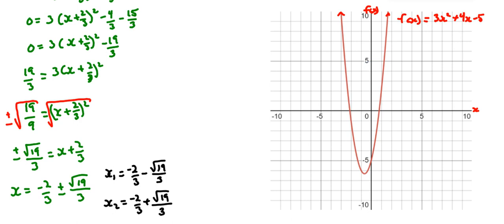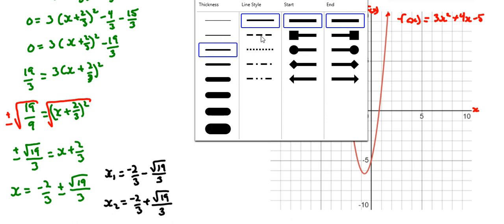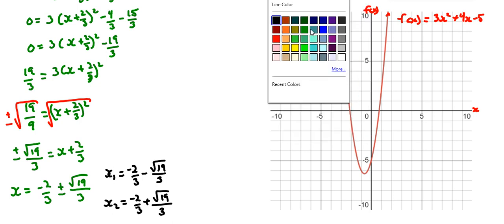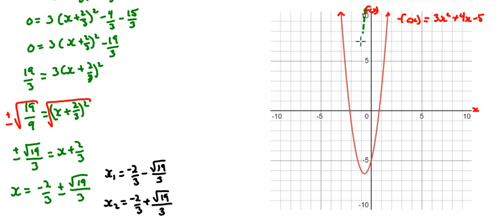And what's interesting about this axis of symmetry is that it is going to be along the line x equals negative 2/3. That's this part right here out front. That's your axis of symmetry.